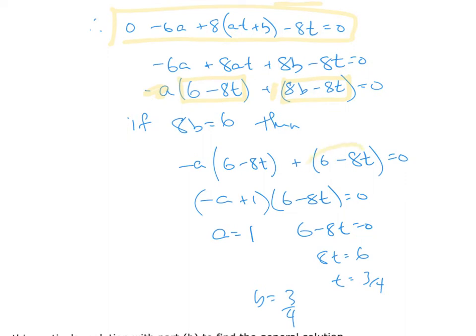I can pull this out as a factor, and I have a 1 and a negative a left. In order to pull that out as a factor, I'm going to make 8b equal to 6. Because b is a variable, it can be many different things. And if 8b is 6, that means b is equal to 3 over 4.